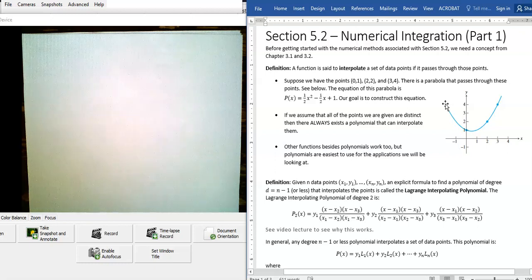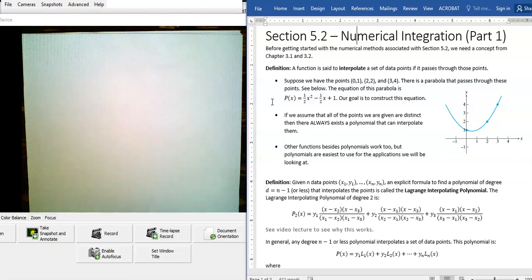Our goal is to figure out what the equation of this curve is. In fact, it comes out to be 1/2 x squared minus 1/2 x plus 1. So how do we get this equation is our goal initially here.